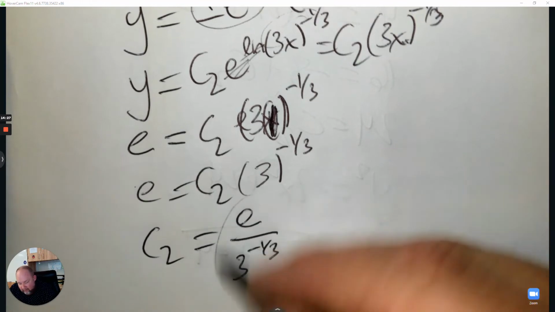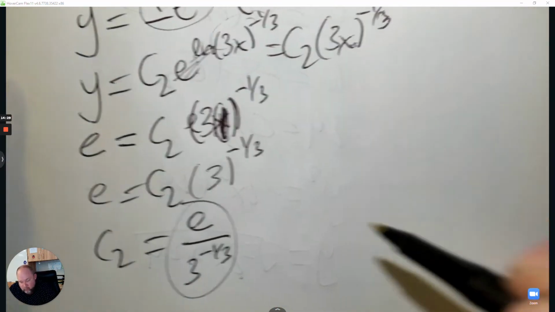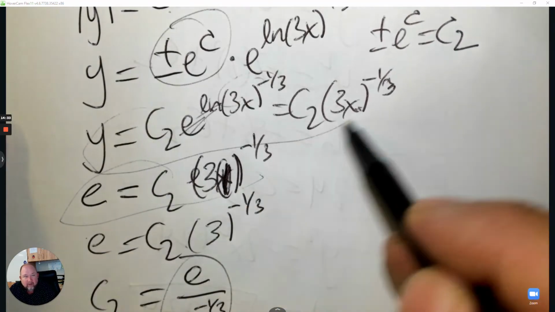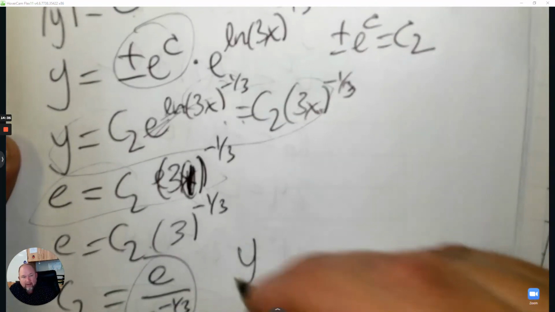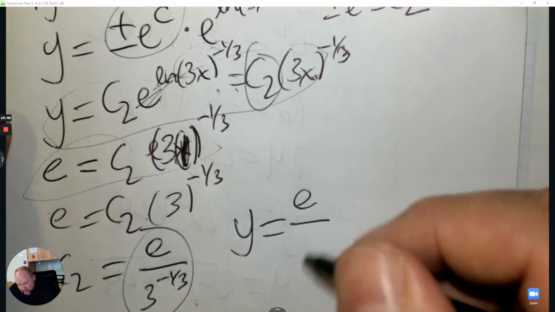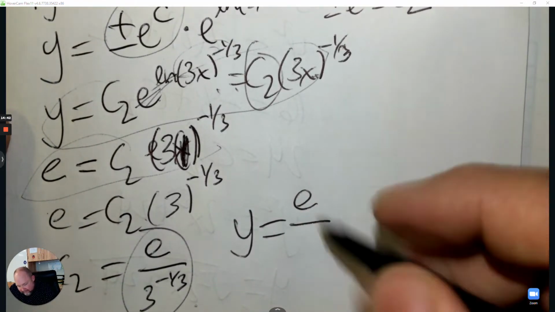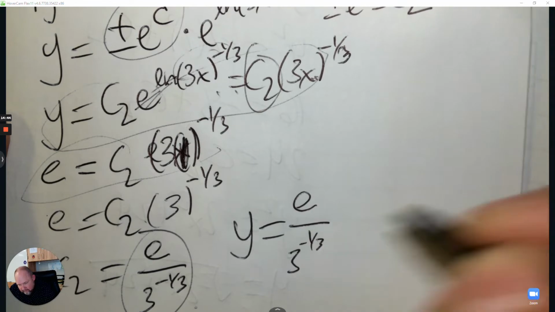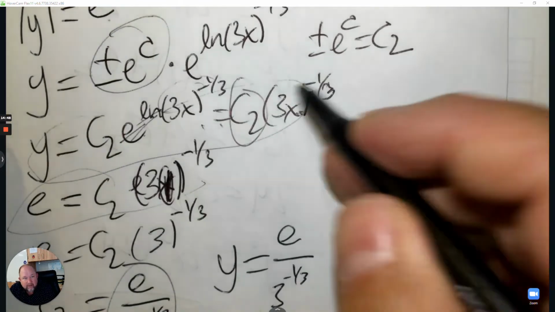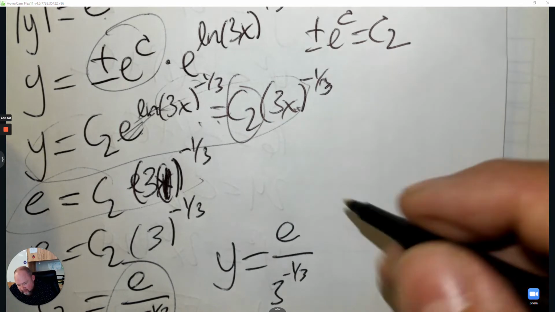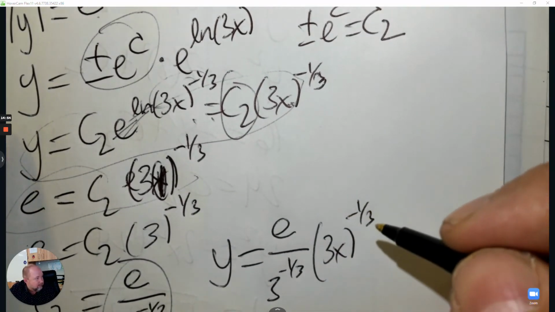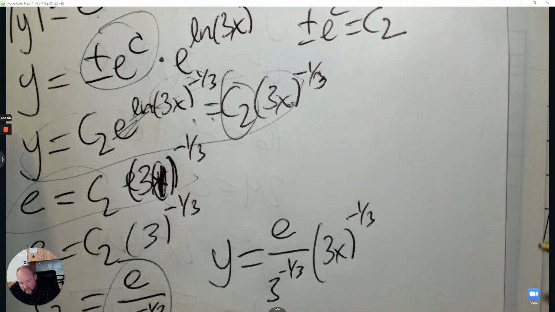So the whole equation then, we go back to here. So we write y equals, we now know this is e over that. That's the constant. And then we have 3x just like that.